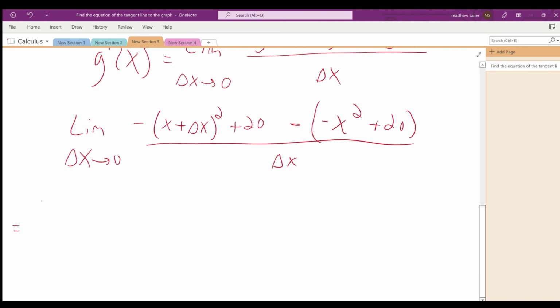Alright, and we're going to expand this, so this is going to equal negative x squared plus 2x delta x plus delta x squared.